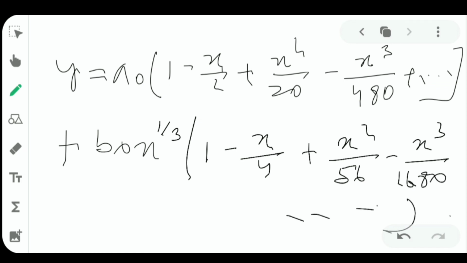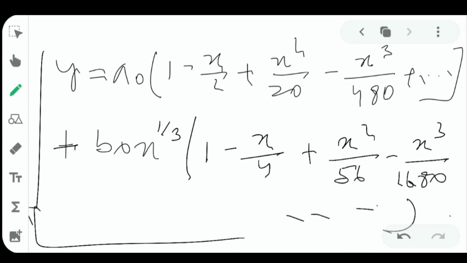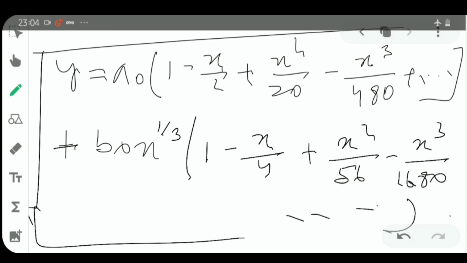Now this is our complete solution. This is our complete power series solution of this differential equation.